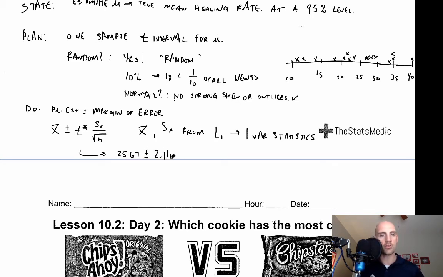Remember, we can use our calculator to work backwards from our percent level. We can also use our degrees of freedom and get our number there. And then degrees of freedom from table C. So then our standard deviation is 8.32 over the square root of 18.